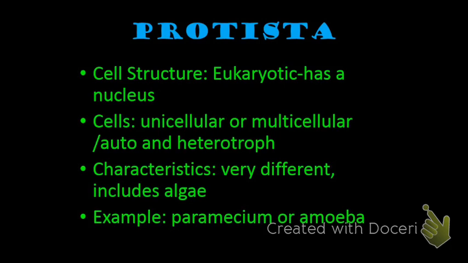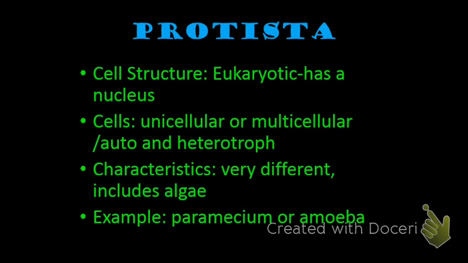Most are unicellular, but some are multicellular. For example, all of your algae fall in this category, and we know that green algae is pretty much microscopic and unicellular, but the brown algae, like the kelp that grows in the ocean, colder waters, can be hundreds of feet tall, these giant stalks of brown algae.